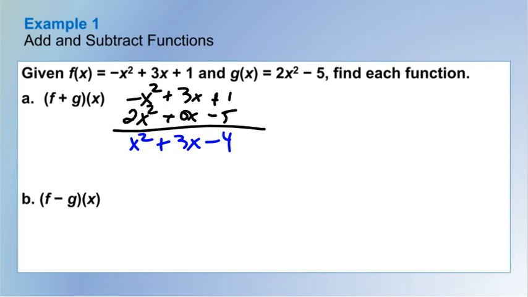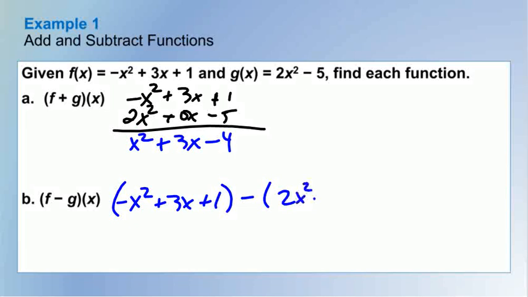Letter B, we are subtracting the functions. So if I have negative x squared plus 3x plus 1, I'm going to be subtracting 2x squared minus 5. And when we subtract with functions, you have to remember we're distributing a negative 1 here. So it would be negative x squared minus 2x squared.